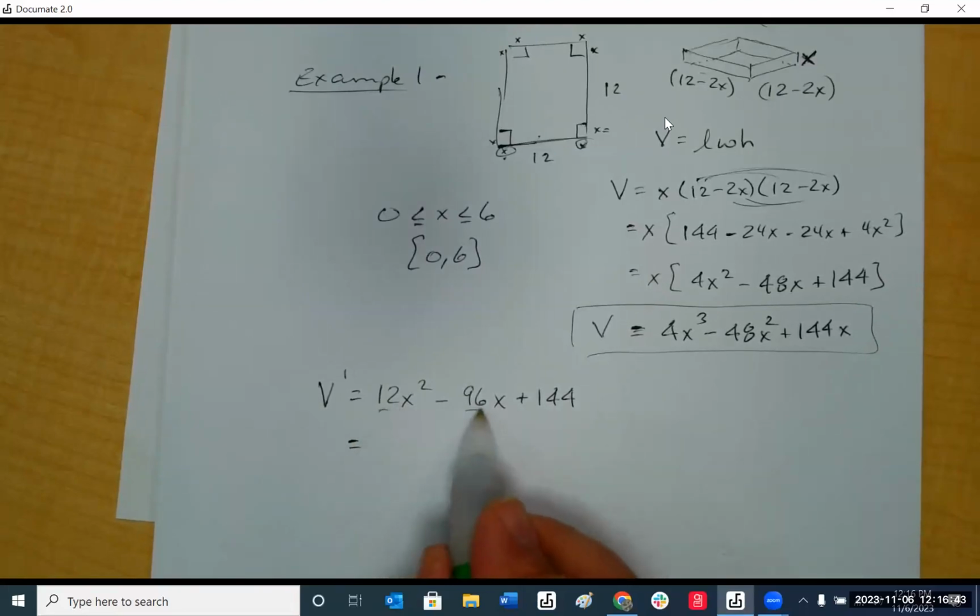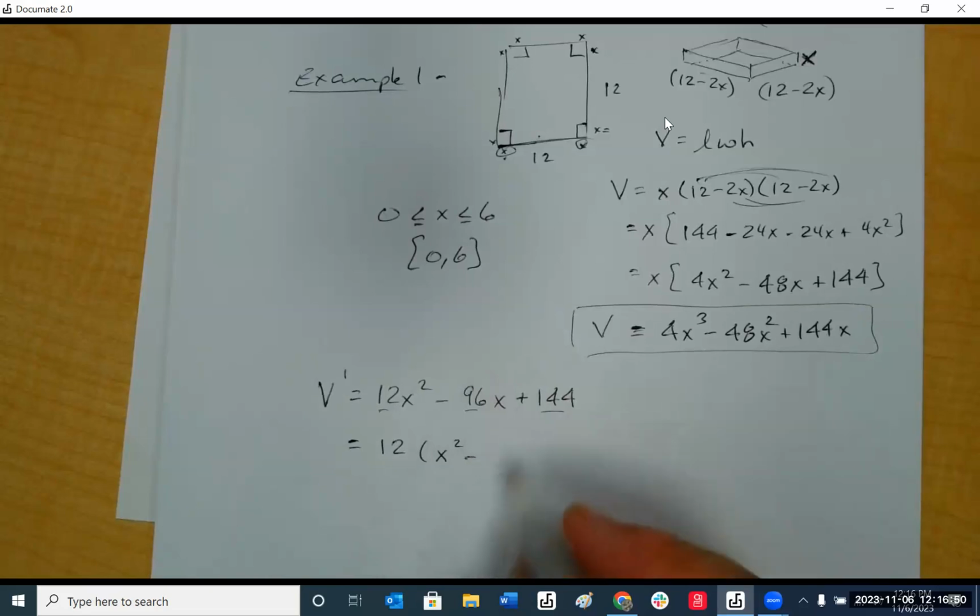They all have a 12 in common. 96 divided by 12 is 8. 144 divided by 12 is 12.